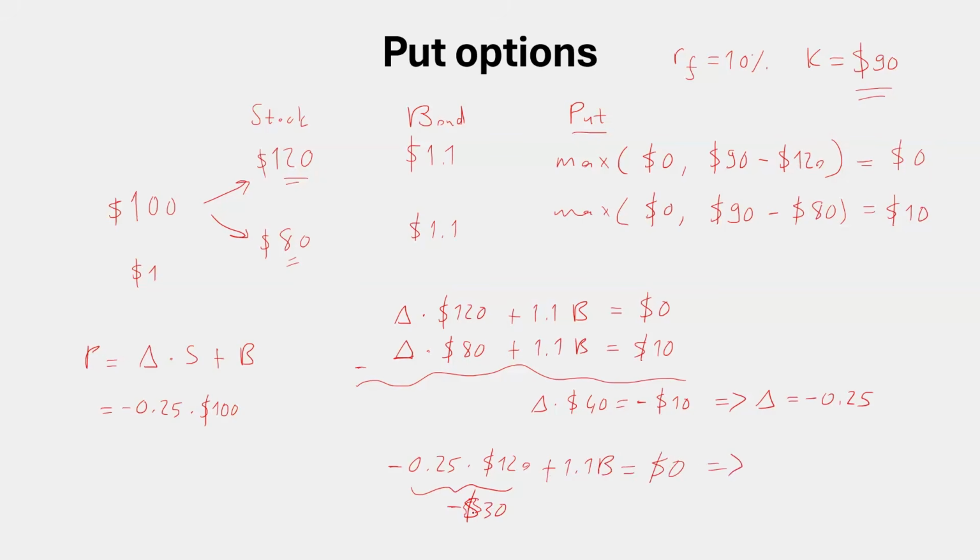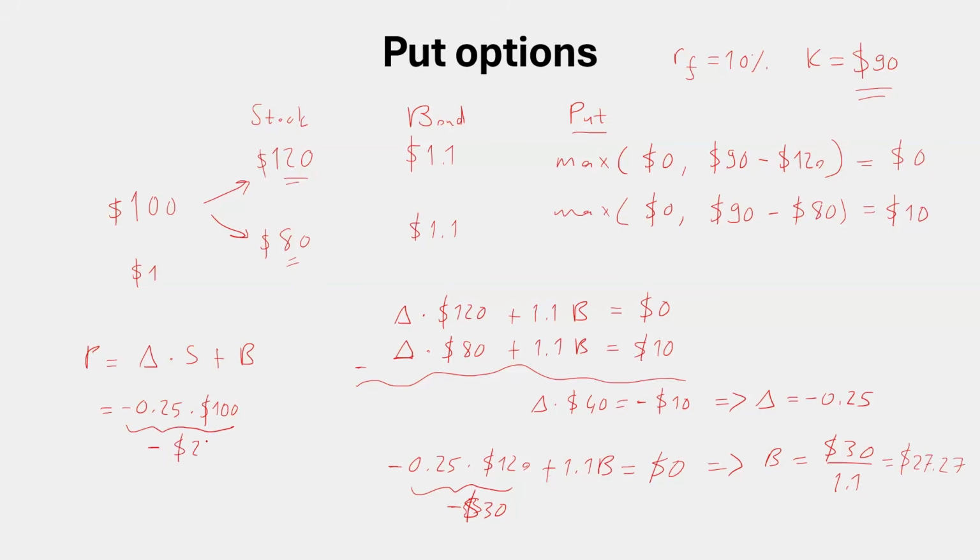Now I put minus 30 to the other side, so it becomes positive $30, divided by 1.1. If I calculate this, it is going to be $27.27.